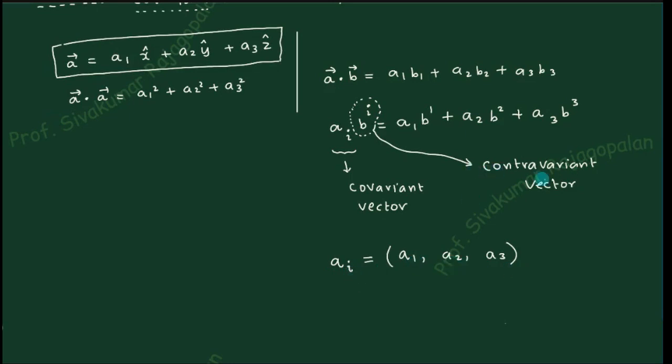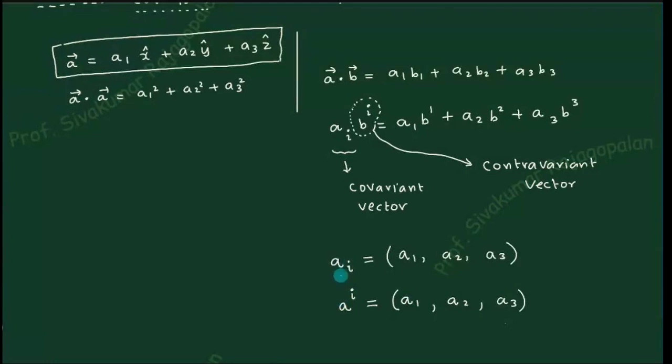And now for the contravariant case, you are going to make an identical definition. That means the contravariant vector A superscript i is once again the same thing, which is A1, A2, A3. So these two are identically the same.